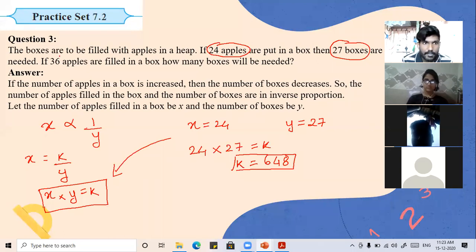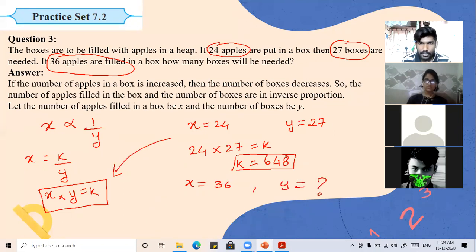Now they have asked, if 36 apples are in one box, then how many such boxes do you require?